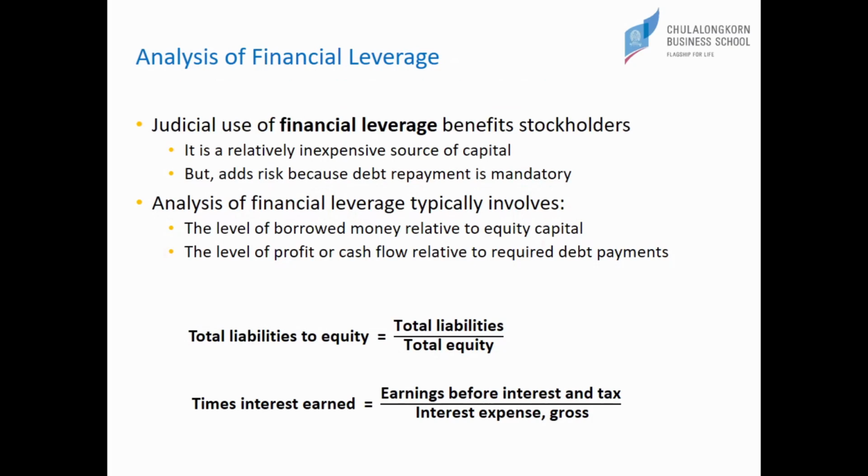And the times interest earned tries to see how much money you make that's enough to pay for your interest expenses. So if your interest expense is 100 this year, but EBIT is 1,000, then your times interest earned is going to be 10, which means your earnings from the operation is enough to pay for 10 times the interest that you need to pay this year.